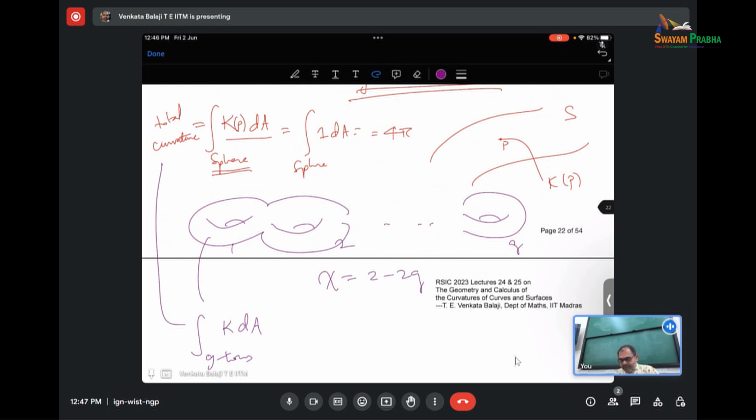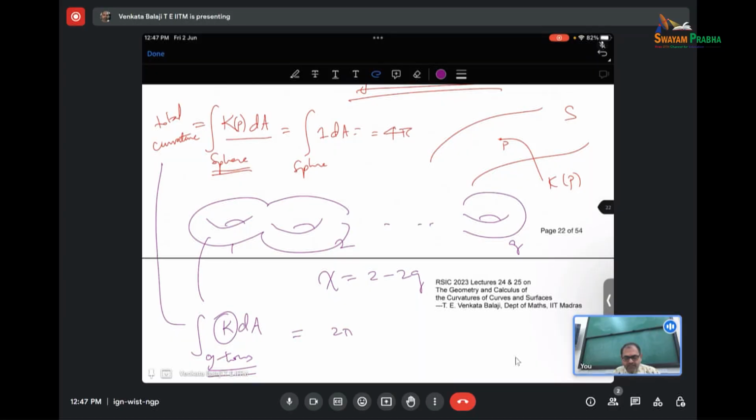So you are integrating on the surface of the G torus, and the function being integrated is the pointwise curvature, okay. So this integral will give you 2 pi chi. So it will be 2 pi into 2 minus 2g, so you will get 4 pi into 1 minus g. This is what you will get. This is the Gauss-Bonnet theorem, okay.